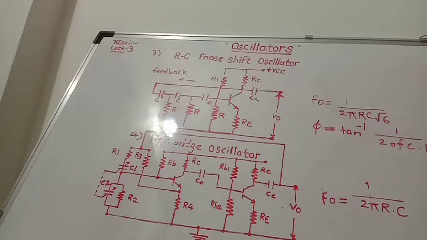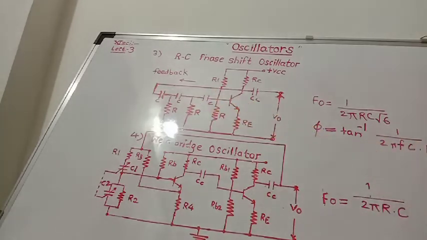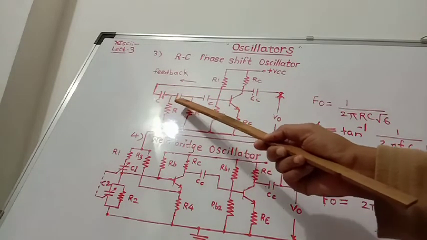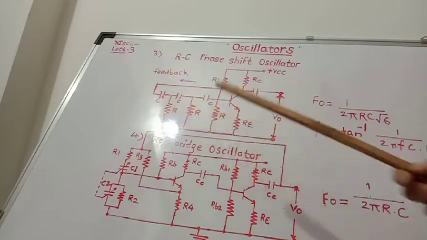This can be calculated by using the formula phi is equal to tan inverse 1 upon 2 pi FCR. By using this formula, the phase angle is calculated.